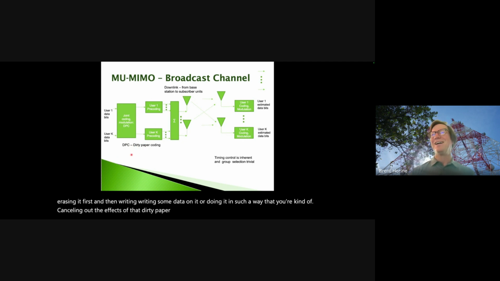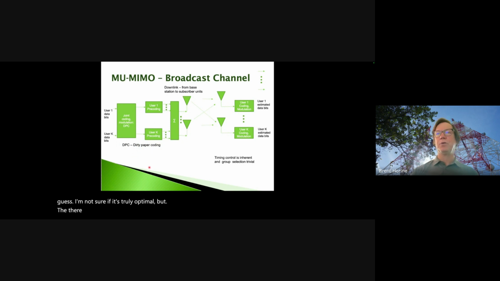So that approach is complex, but it's pretty optimal, I guess. I'm not sure if it's truly optimal, but there are some simpler, lower complexity approaches to it. It requires a lot of information.